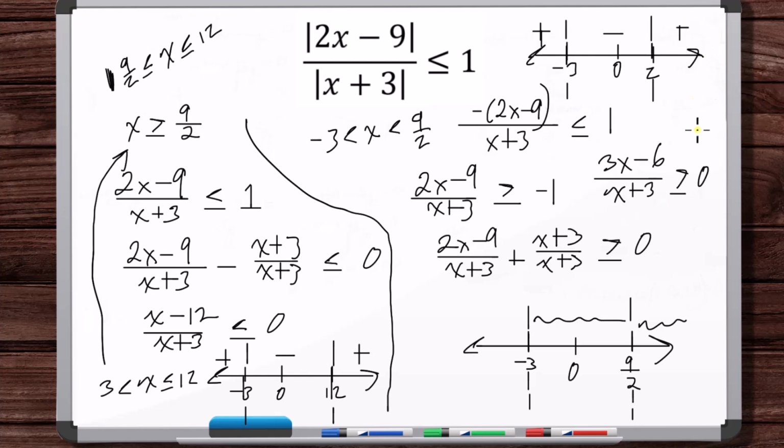It doesn't exist at minus 3, and it's 0 at 2. So where is this greater than or equal to 0? It is greater than or equal to 0 when x is greater than or equal to 2, or when x is less than minus 3. All right, now where does that cross over with this?